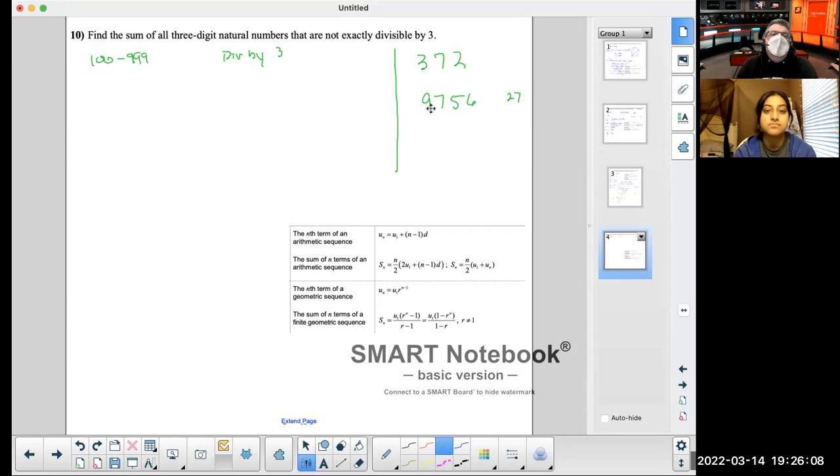How about that? Now you can do the same thing for 9 because 9 is a multiple of 3. So if the sum of the digits is divisible by 9, the number is divisible by 9. Okay. So what is the smallest number divisible by 3? 111.